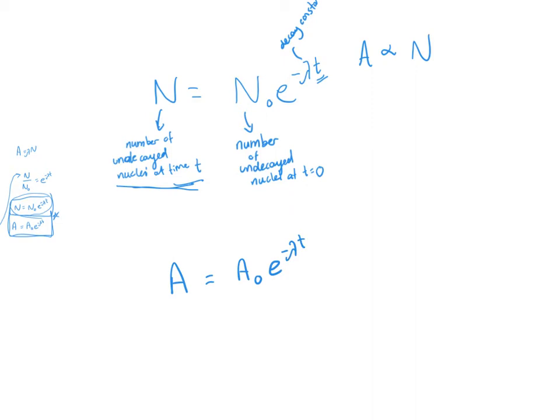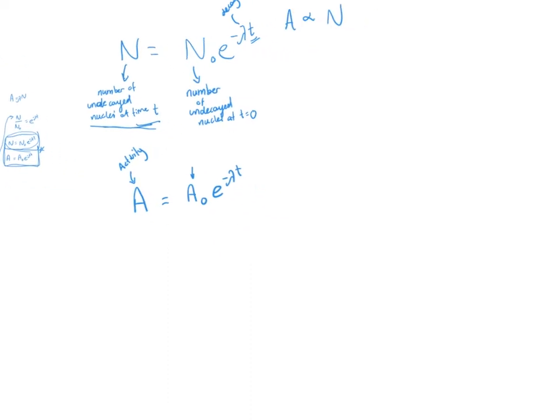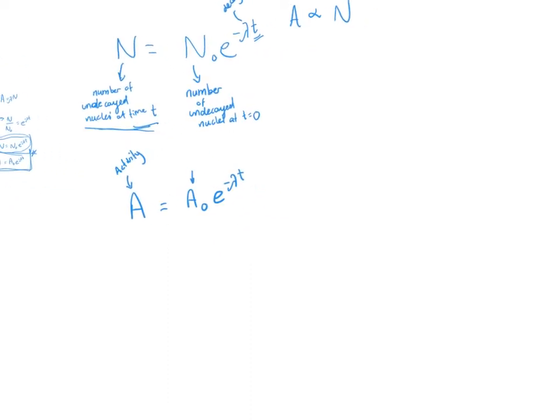So similarly, instead of the number of undecayed nuclei, it is the activity. From here, we can figure out how the decay constant and the half-life are linked together. I will use the first equation only. I don't need the activity one.